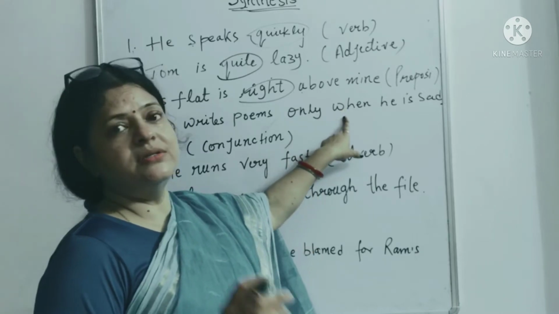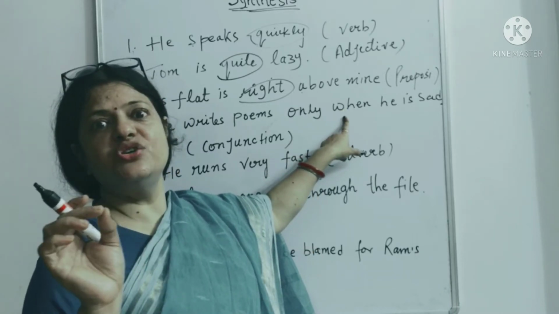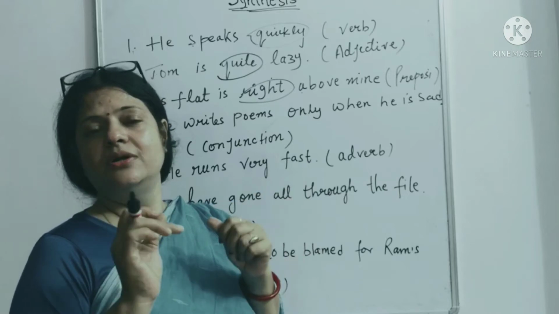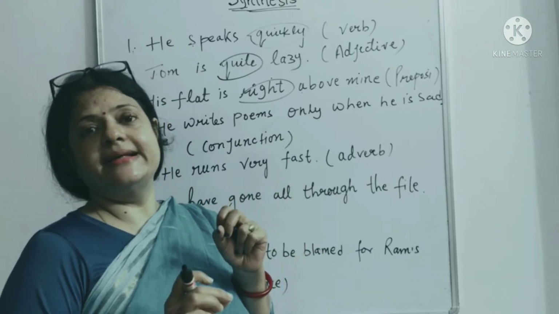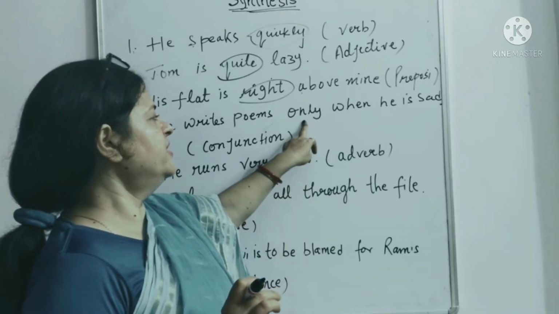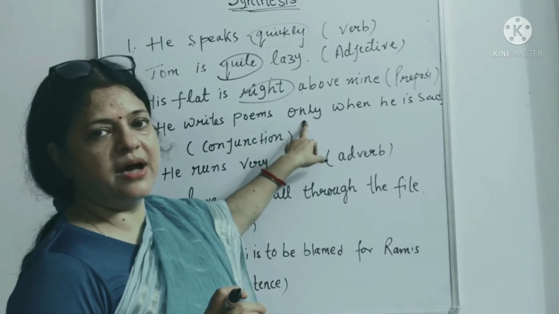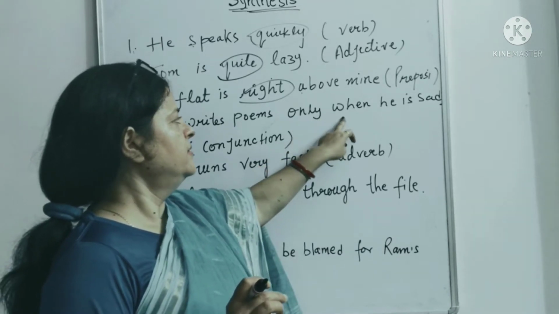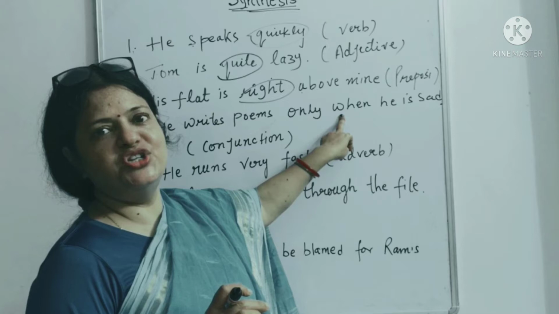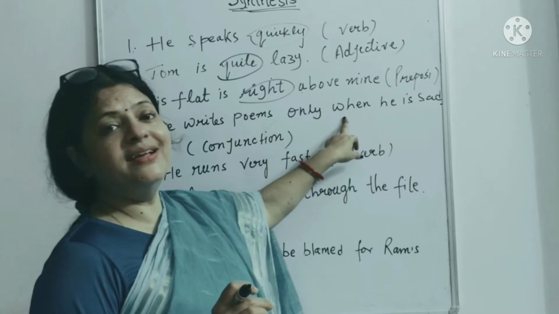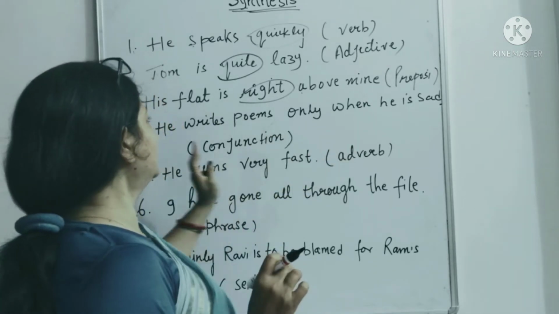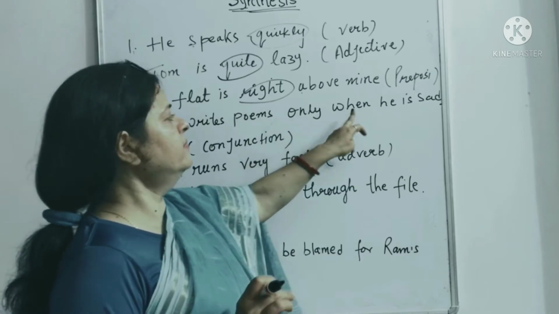So what is the work of a conjunction? A conjunction always adds two sentences, isn't it? So here we see that this adverb has come just before this conjunction, and it is modifying this conjunction, telling that he writes poem कब?